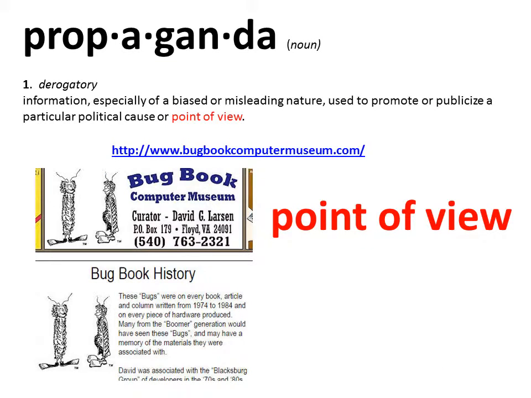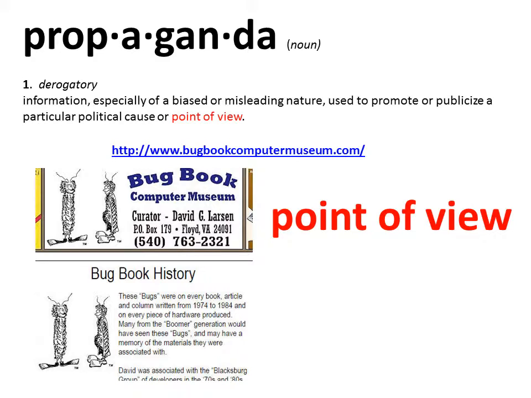First, definition of propaganda, which I can summarize as a misleading point of view. And this is the website that propagates this point of view. I've given you the URL, bugbookcomputermuseum.com.